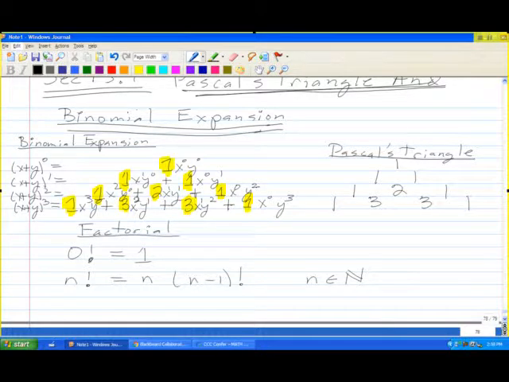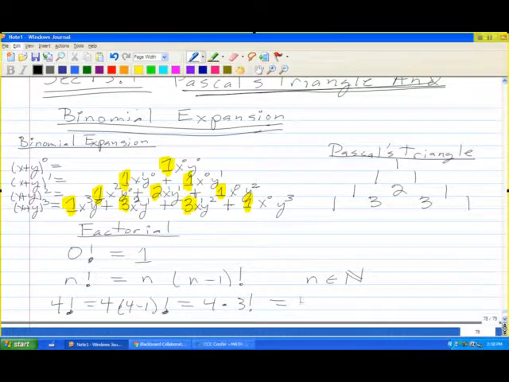So note, if I wanted to figure out, let's say, 4 factorial, it would be 4 times 3 factorial.